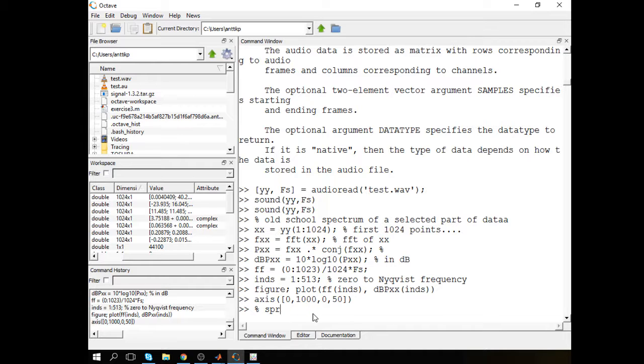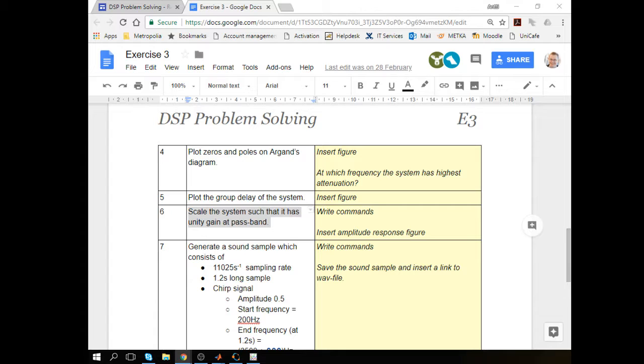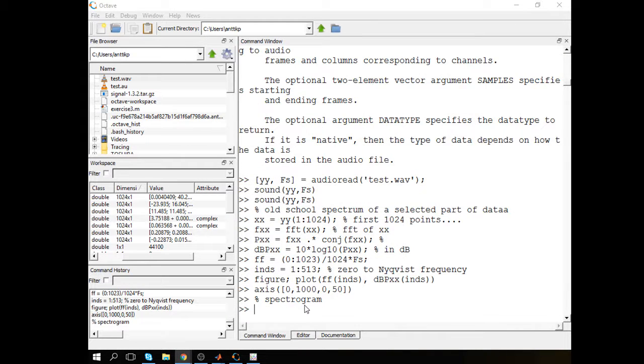Spectrogram. I need to put the help in my other window here. So this one actually also draws the image. Your command was spectrogram, not the one that returns just the data, the whole data.